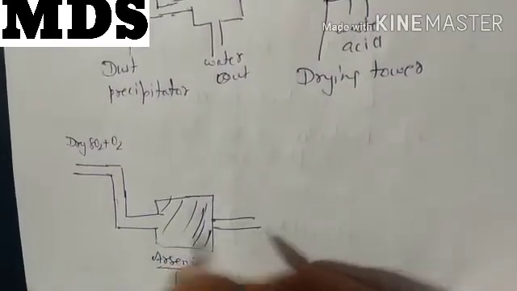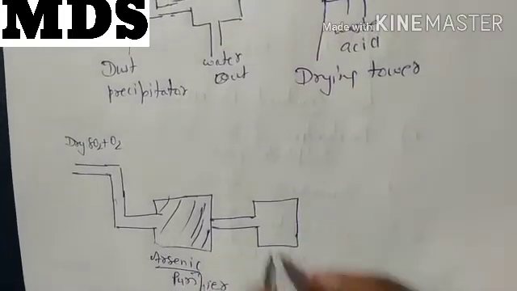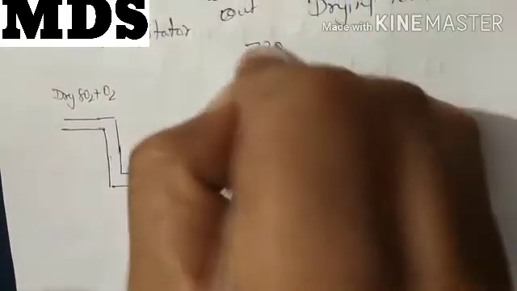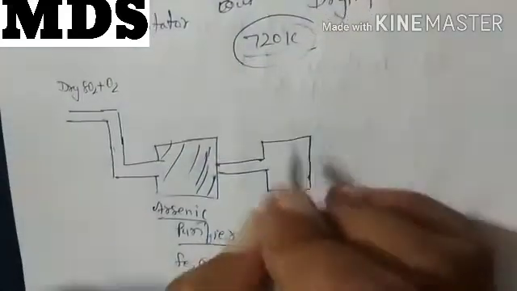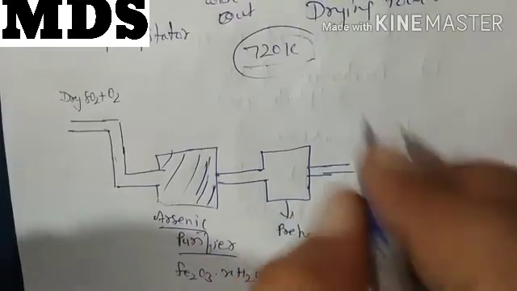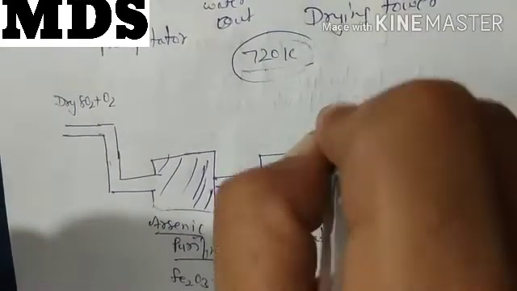Now you will get a preheater here. This is the preheater, meaning we are raising the temperature to the necessary condition, that is particularly 72 Kelvin temperature we are providing. Okay. Now after passing through this preheater, the gas is passed to the catalytic converter.